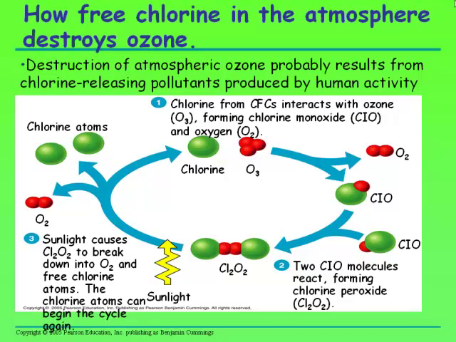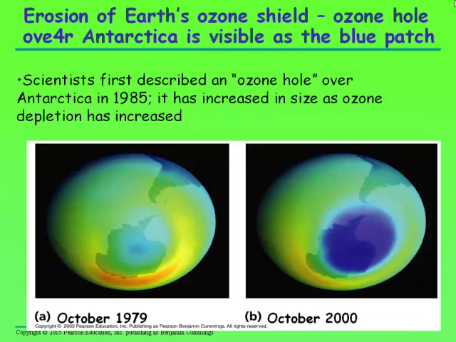So when this interacts with sunlight, it breaks down into oxygen and free chlorine atoms. And the chlorine atoms can begin the cycle again.